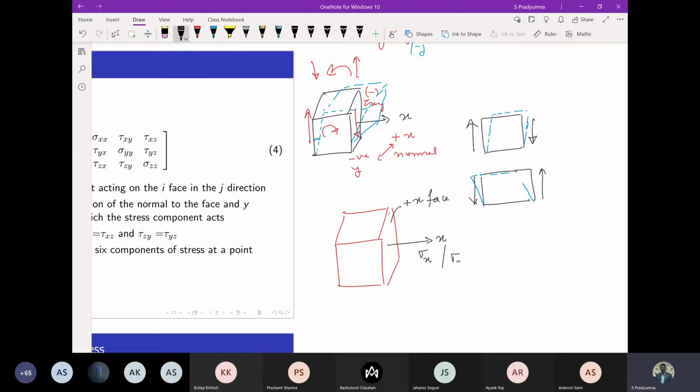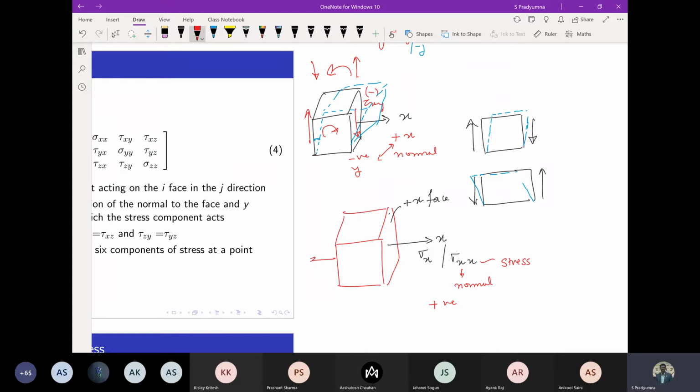So you can call it sigma x or sigma xx. It is one and the same. Now what happens here? This is the direction of the normal along the positive x direction, and this is the direction of the stress. Both are in the positive direction, therefore this is a positive stress, right?